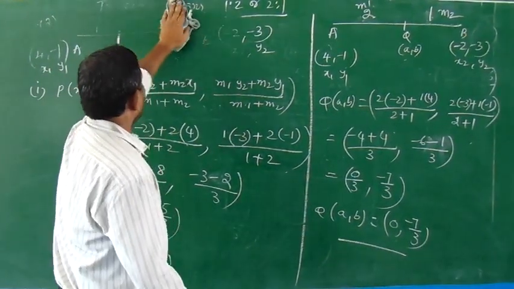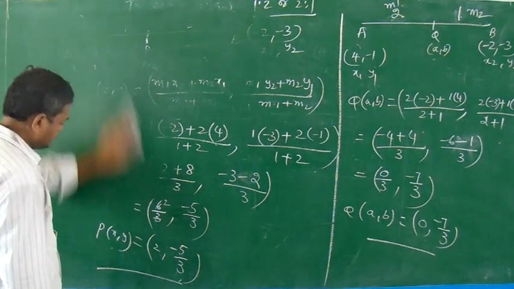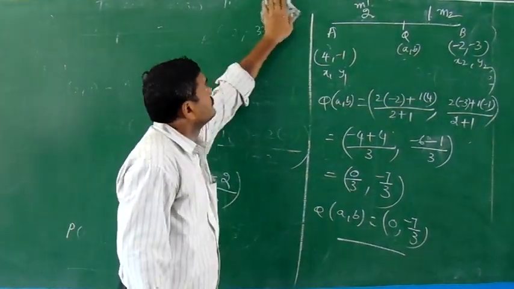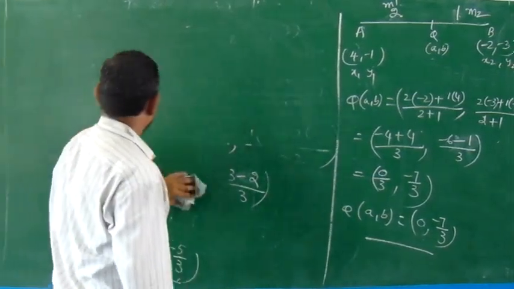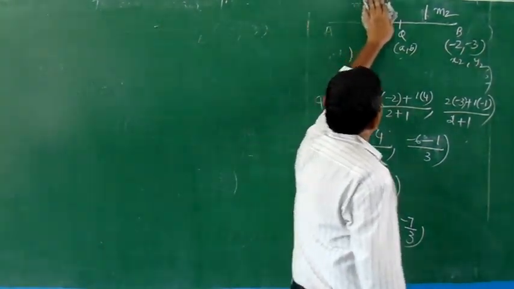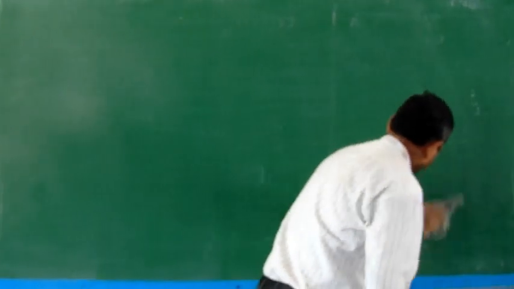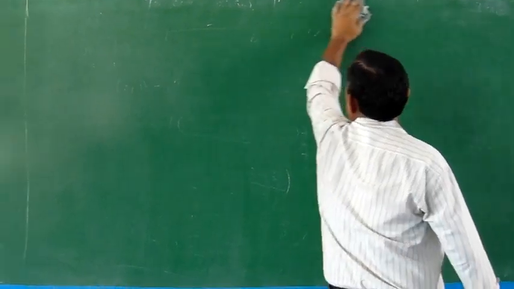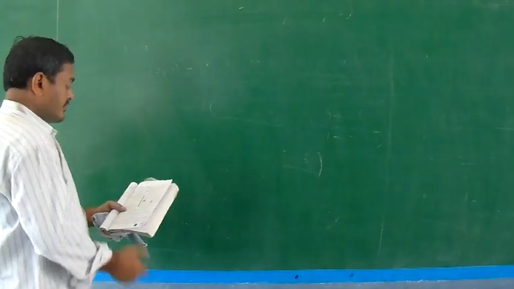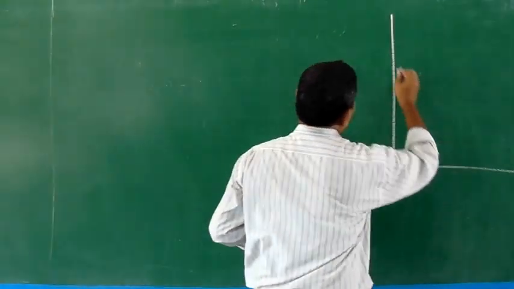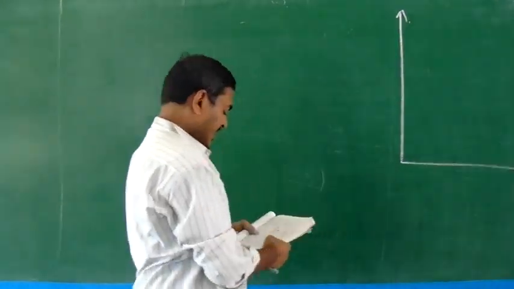Now read the third question. If you read the third question, there are two students. They posted the flags. You can see a diagram.